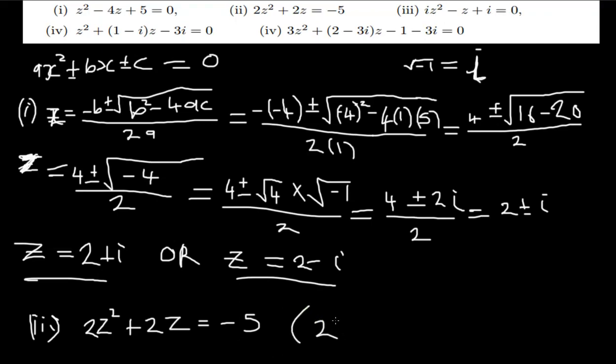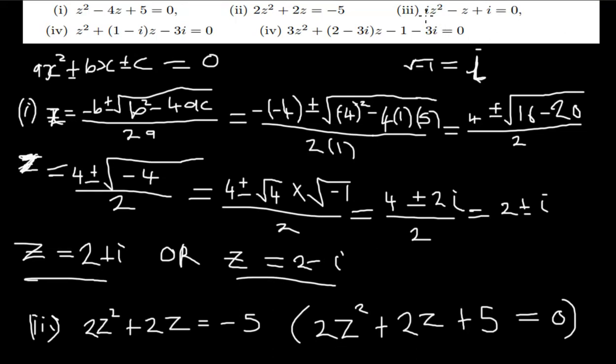It will be 2z squared plus 2z plus 5 is equal to 0. So this is the one now from which you're going to get your a, your b, and your c. You put them there and then find the answers and find the final solutions.